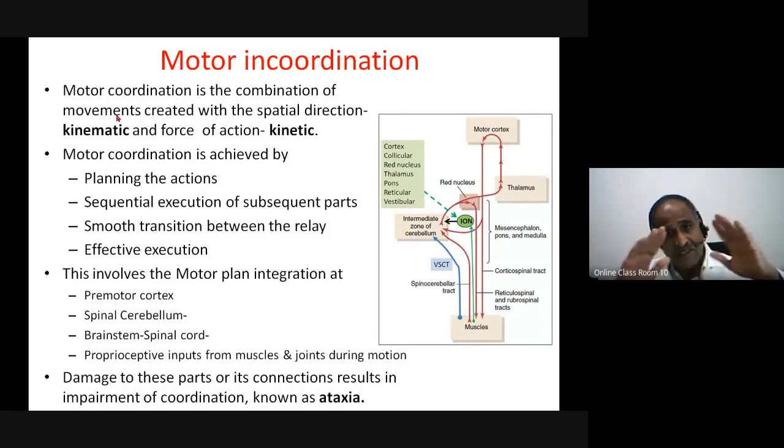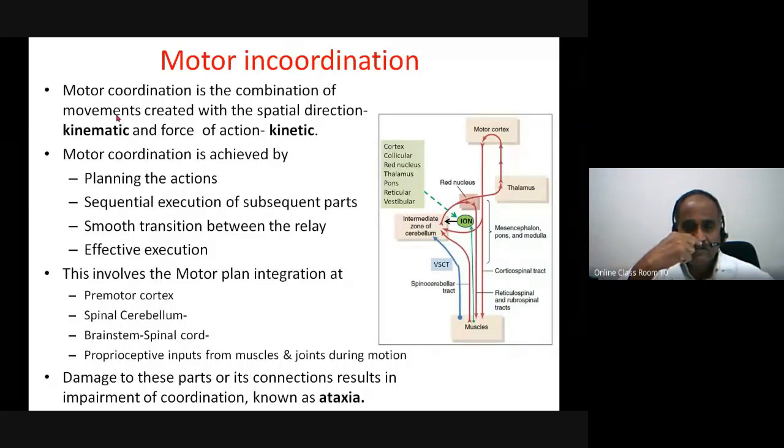Spatial means suppose I want to move this hand from here to here. It's a spatial direction. Direction is from here to here. Okay.